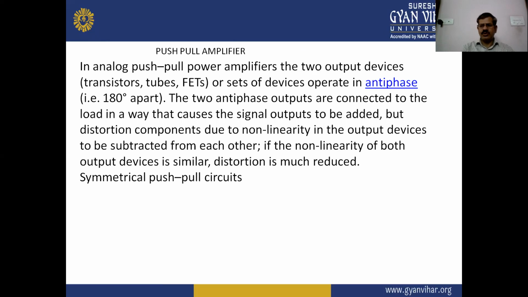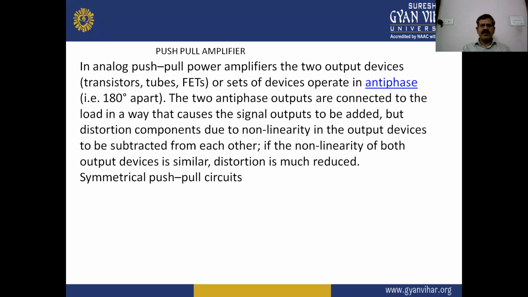Next one is the push-pull amplifiers. So what are push-pull amplifiers? In analog push-pull power amplifiers, the two output devices, transistors, tubes, FETs, or sets of devices, operate in anti-phase, or 180 degrees apart.